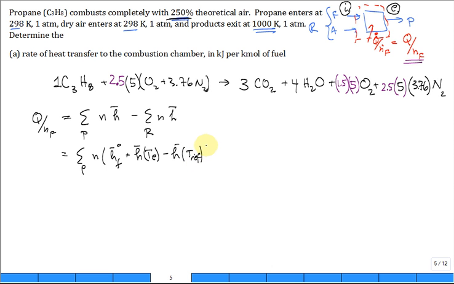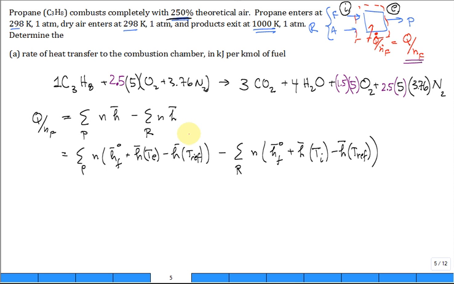Minus the sum over the reactants of the coefficient times the enthalpy of formation plus the molar enthalpy at the temperature of the incoming reactants minus the enthalpy at the reference. Did I write that correctly? Give me a thumbs up if you like it. Okay, looks good. Thank you.